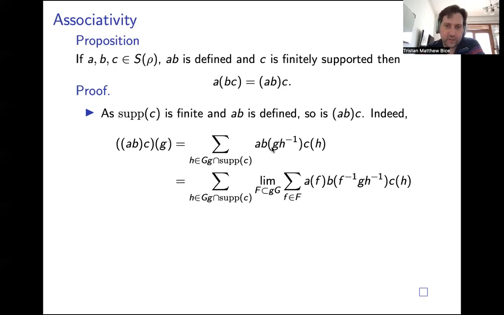Okay, but what is this really? Well, this AB(gh^-1), we know it's defined by assumption, but what is it really? It's a limit, remember, of these finite partial sums, like so, where you're taking the limit over finite subsets, and you take the sum over all these f's, which by definition have to have the same source as g.